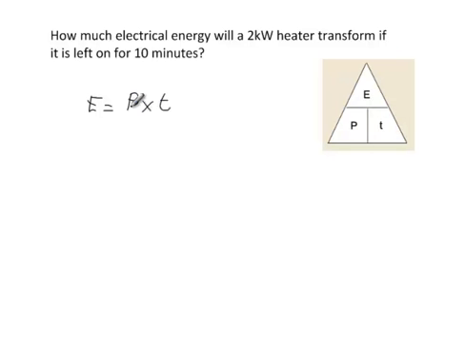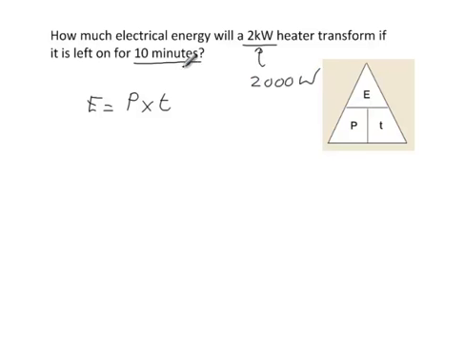So I need to find the power and the time in the question. So 2 kilowatts is the power and 10 minutes is the time. So again, they've tried to trick us with the units, so I need to change 2 kilowatts into watts. Well, 1 kilowatt is 1,000 watts, so 2 kilowatts is 2,000 watts.